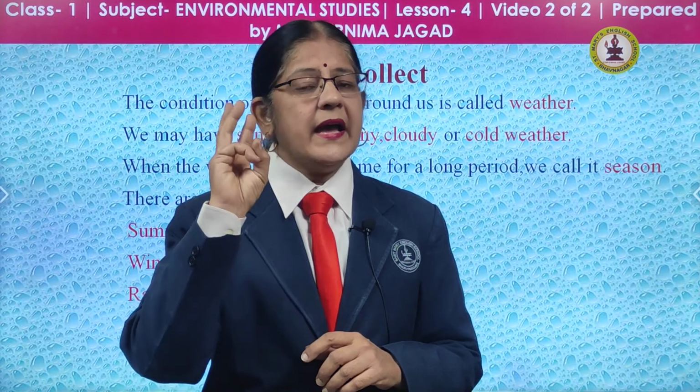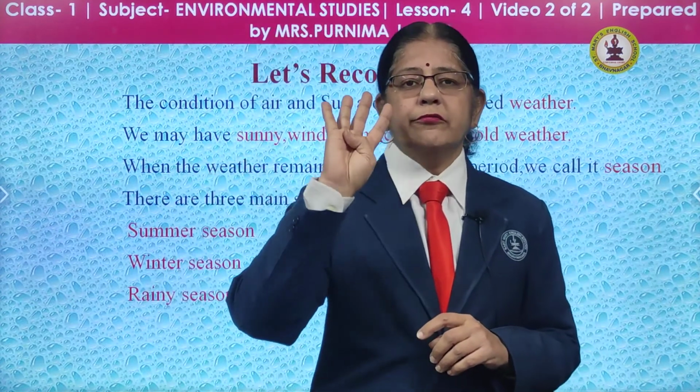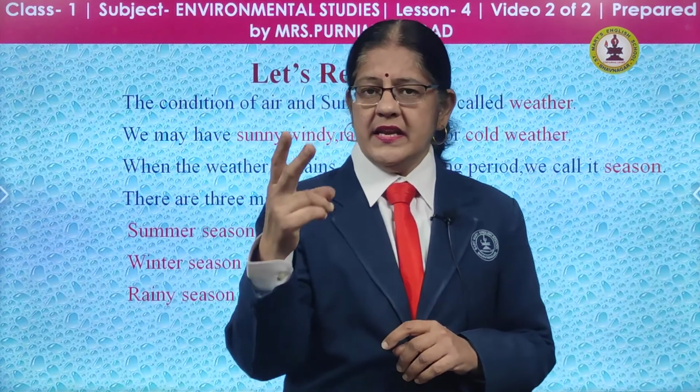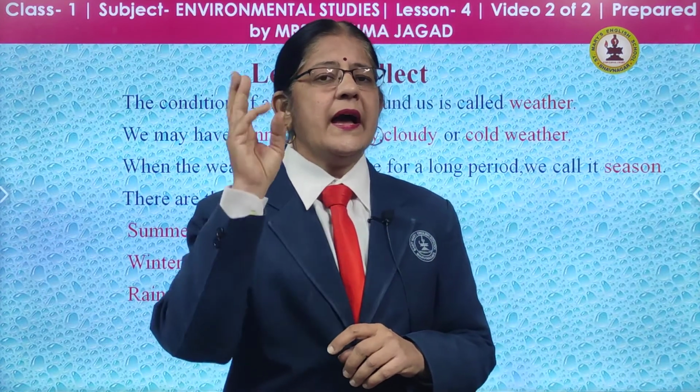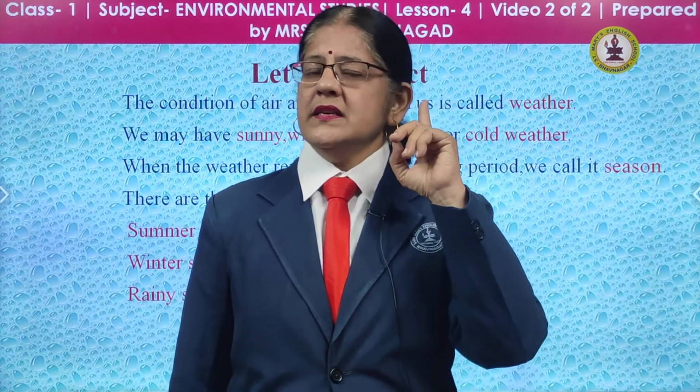And we have 3 seasons: summer season, winter season and rainy season. Children, remember there are 4 types of weather: sunny, rainy, windy and cloudy. And there are 3 types of seasons, that is summer season, rainy season and winter season.